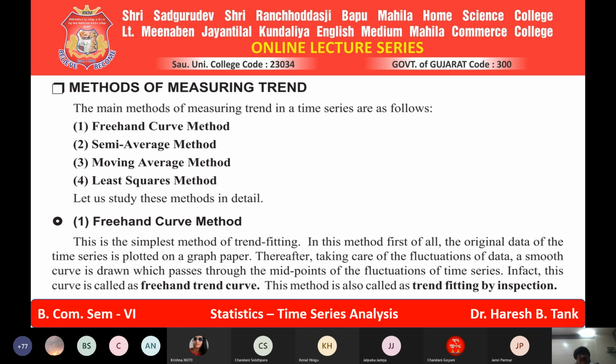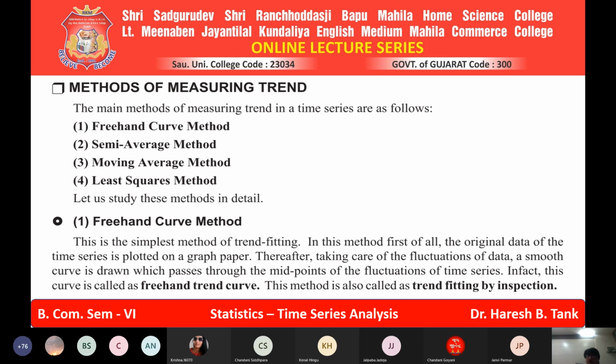First of all, let us concentrate on the freehand curve method. In this method, you don't have to worry much, but at the same time, graph paper is to be used. There are a few fixed steps. Fixed steps in the sense that you always take time on the x-axis and observation on the y-axis.